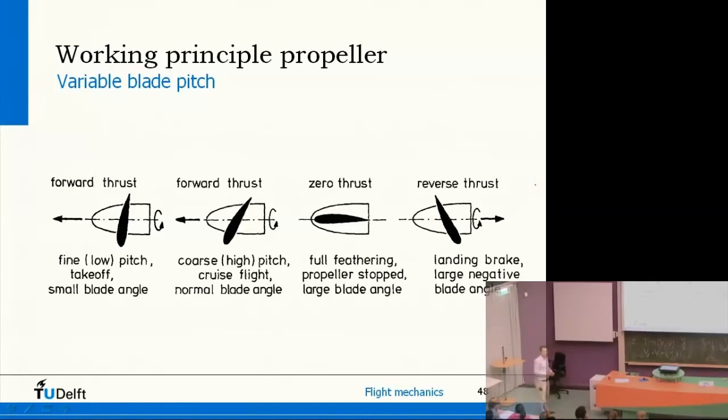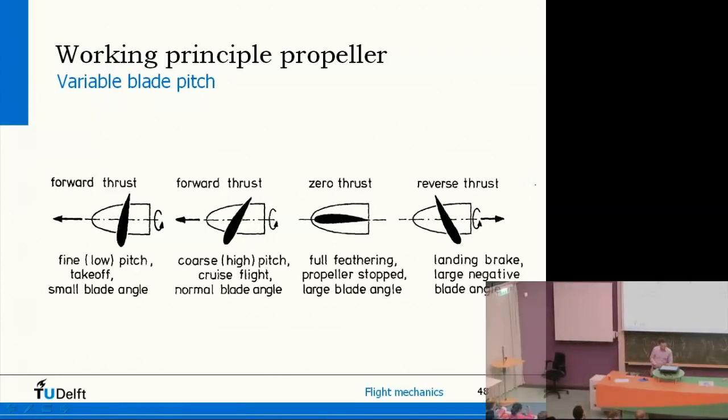So most propellers of turboprop planes, they can actually change the pitch of the blades during flight. So if they go faster, they change the blade angle. Maybe if they have an engine failure, you could put it such that it doesn't create that much drag, so you can glide well. And actually when you're landing, you could actually make reverse thrust with a propeller. So this is a nice feature.